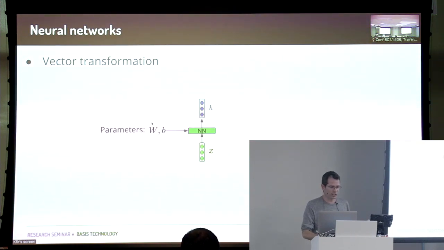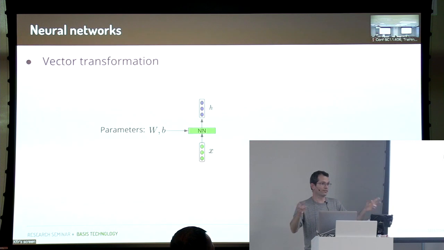This transformation has some parameters inside that we can adjust, and we do that during training. Training is just a collection of pairs of these vectors, x and h, and we adjust those parameters so that for every x that we send in, we get the correct h that we want. Not just the x that exists in this collection, but every x. So that's training, basically, like every machine learning algorithm that you're familiar with.